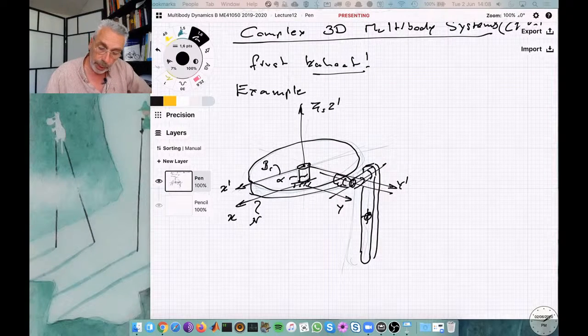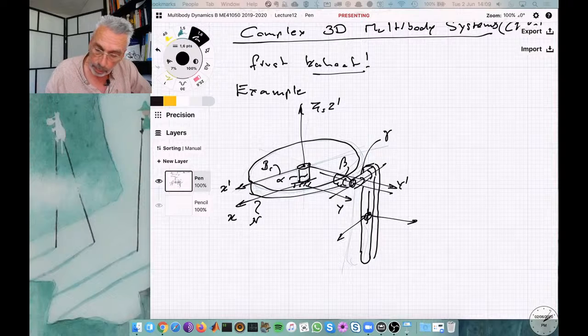Then we have these two hinges, and this hinge is beta, and this, of course, you would expect is gamma. Everything is clear about the directions, right? So we need some more coordinate systems, because we need a coordinate system for this body-fixed system.